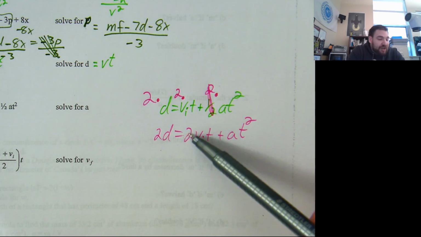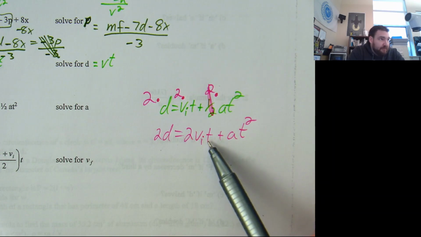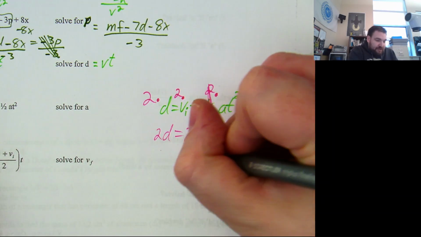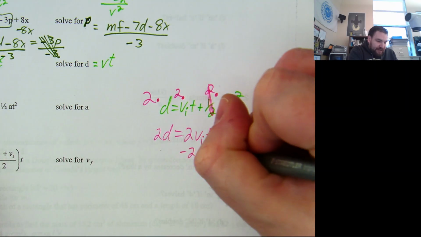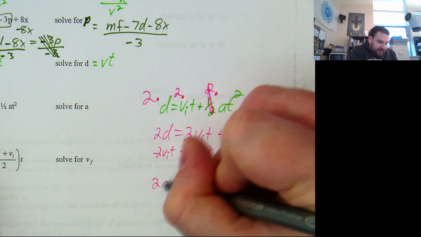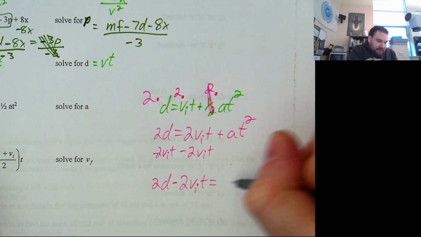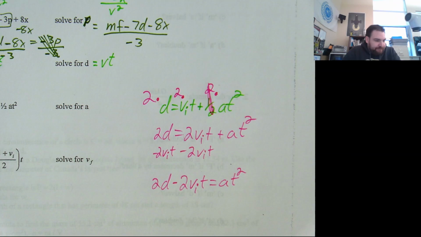Okay. So what's the opposite of adding to VIT? Subtracting it. So let's minus both sides by 2VIT. And you're going to get 2d minus 2VIT equals AT squared.